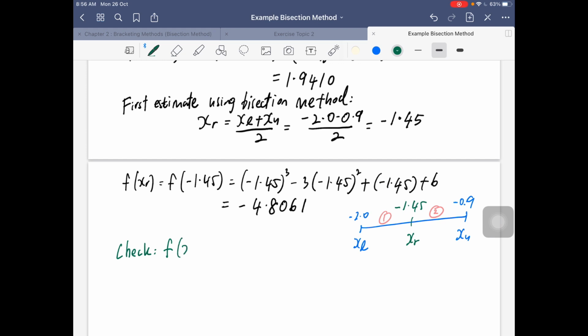Check f(xL) multiplied with f(xR). Then we have negative 16 multiplied with negative 4.8061. We know that negative multiplied with negative gives a positive value, which is greater than 0.